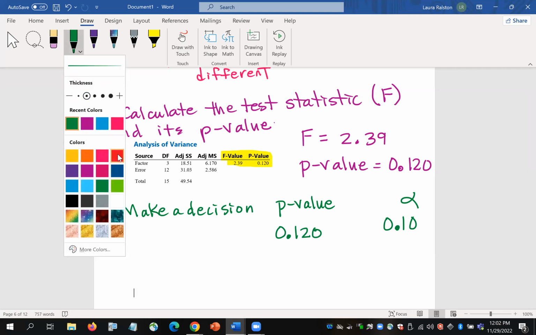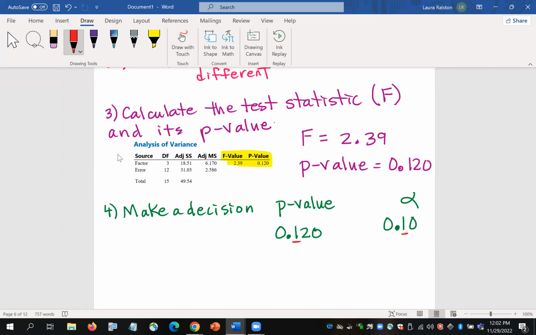Again, do it digit for digit. So 1 compared to 1, 2 compared to 0. 2 is greater than 0, so P is greater than the level of significance. When P is greater than the level of significance, we fail to reject the null.